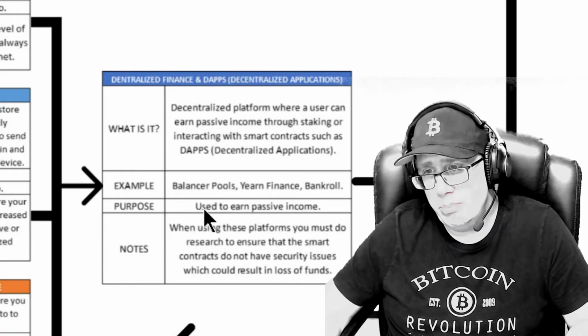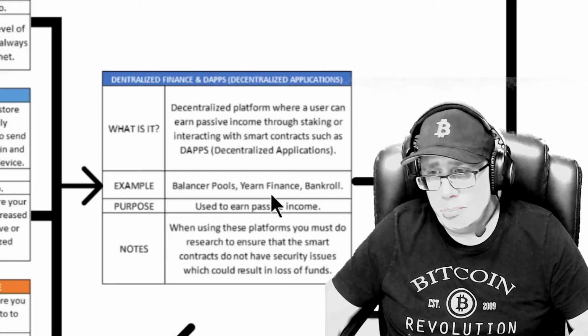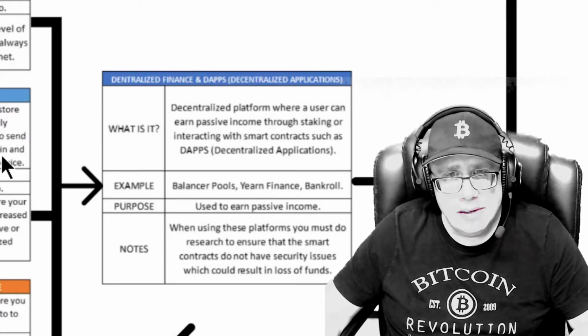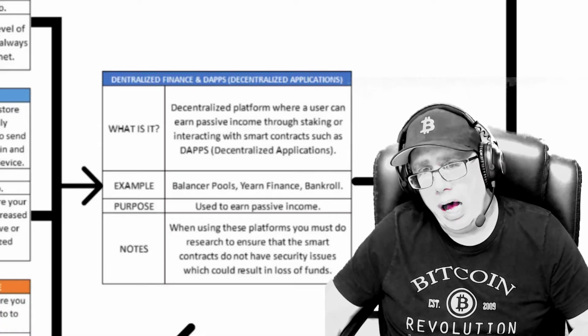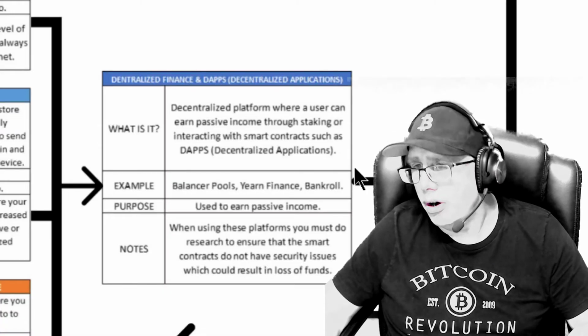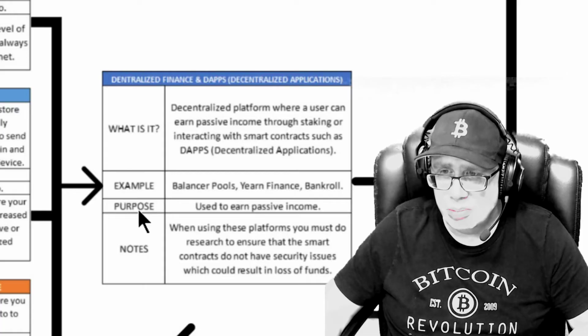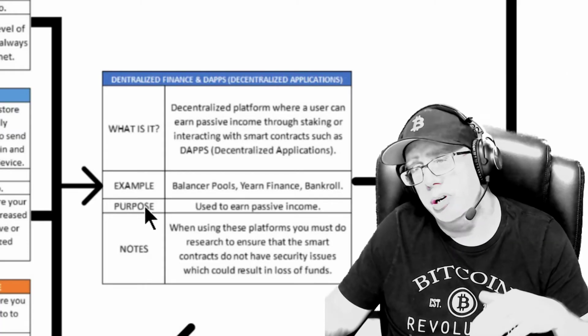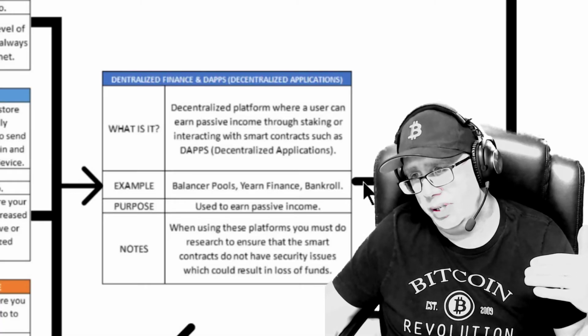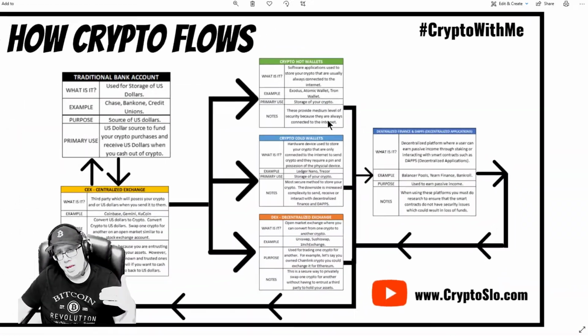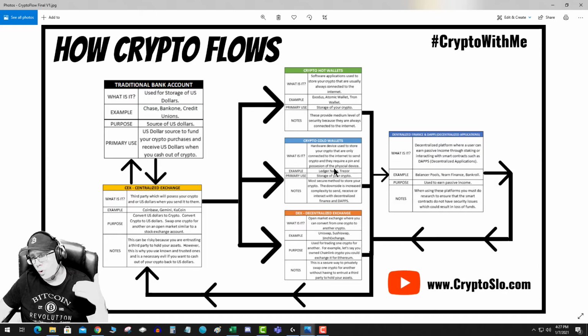Examples of this would be Balancer Pools, Yearn Finance, Bankroll. So typically a lot of times your crypto hot wallets or cold wallets are interacting with these decentralized platforms, and then you earn passive income, which, as you can see, flows out and then back into the crypto wallets.